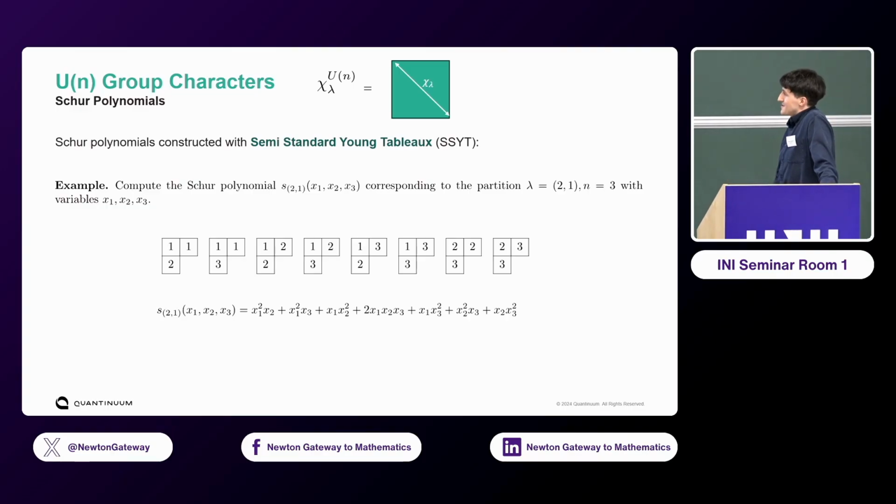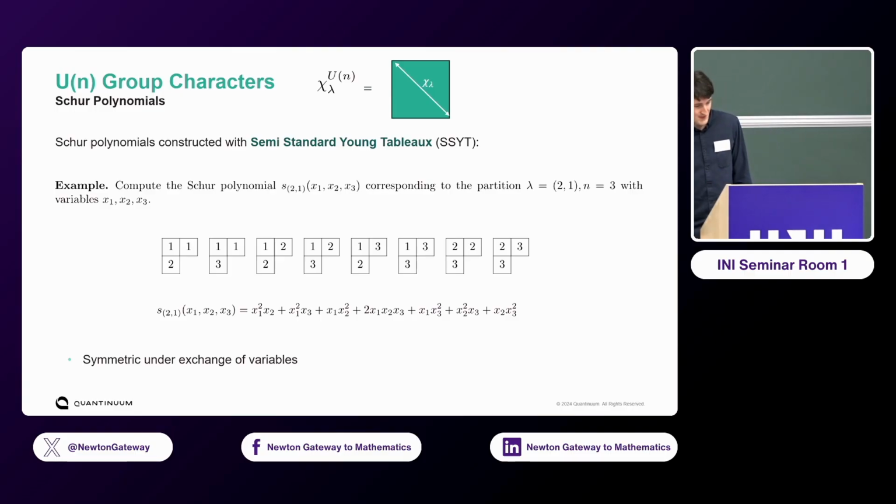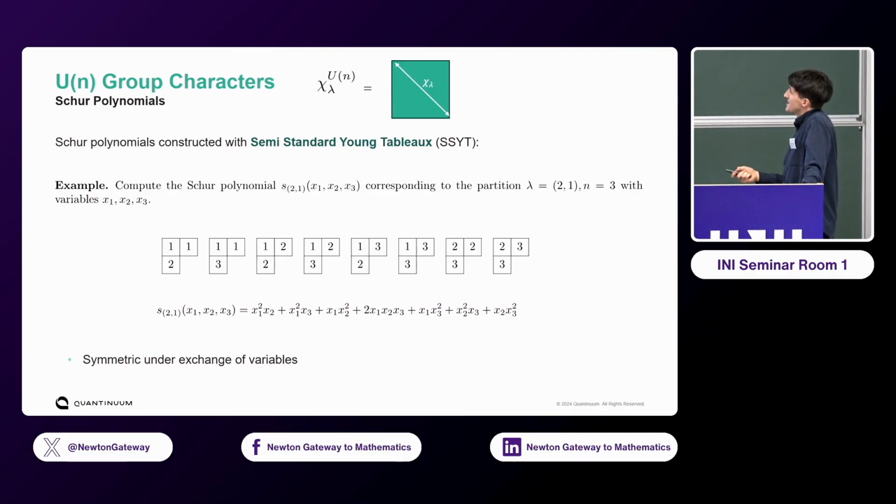This gives us a polynomial where each of the monomials represents one of these Young diagrams, and it is symmetric under the exchange of variables. So the main takeaway here is that your Young diagrams really index the irreps, and these are then used to build the characters of the representation.